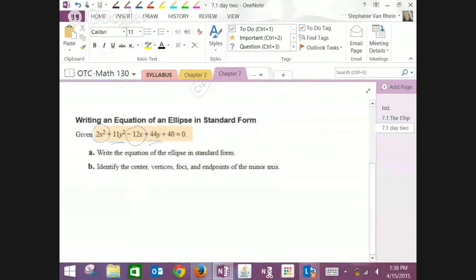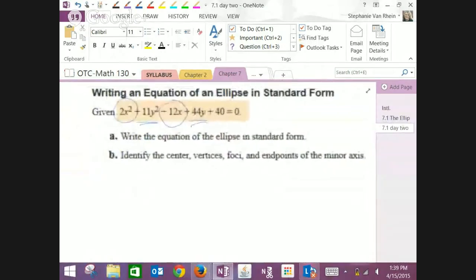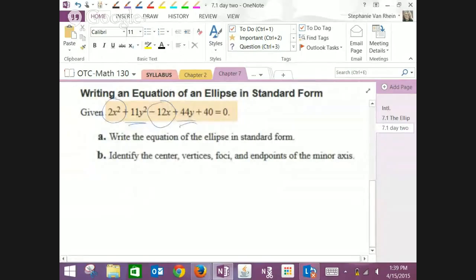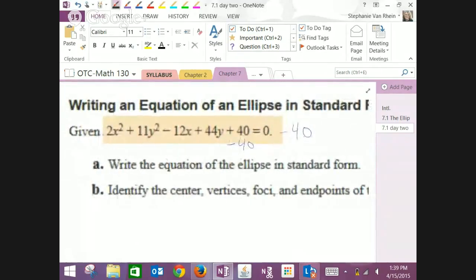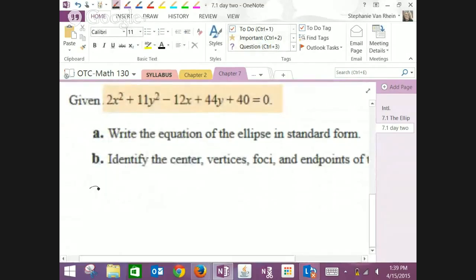You have to be careful here because you want to put the 40 on the other side. So we pull out a 2. I have x squared minus 6x.